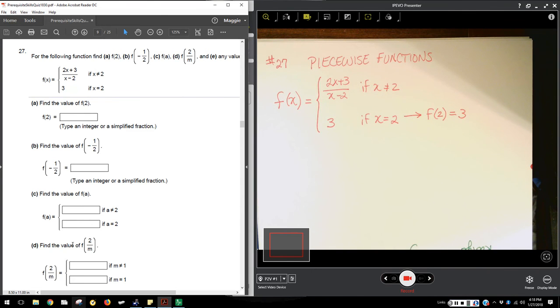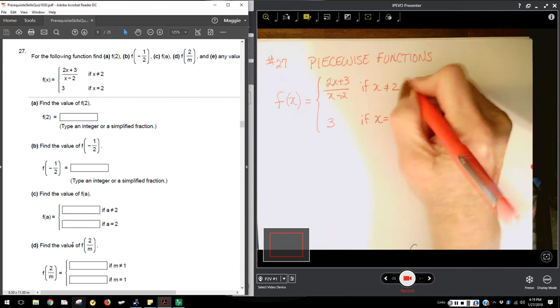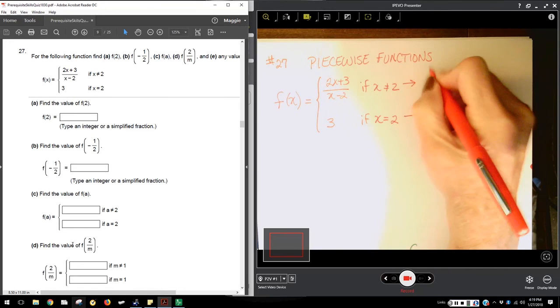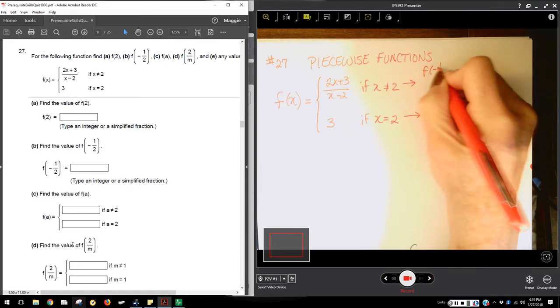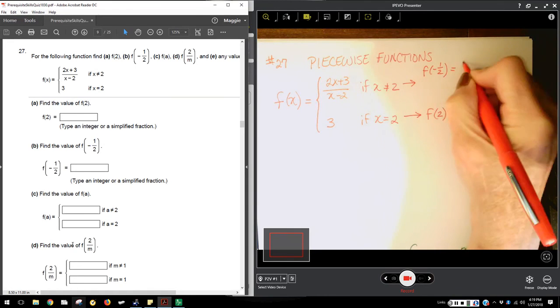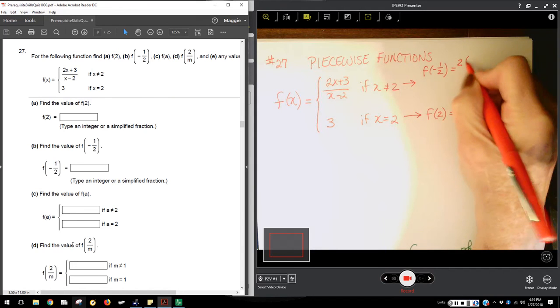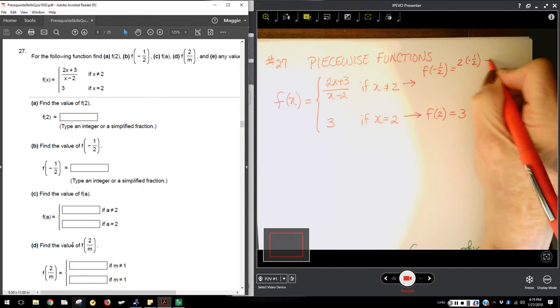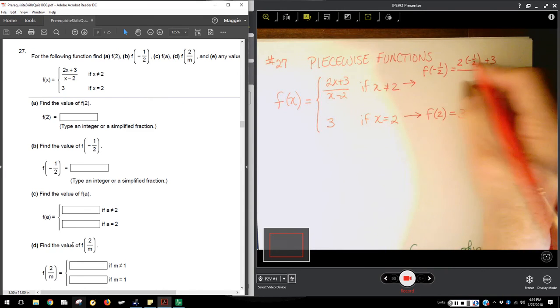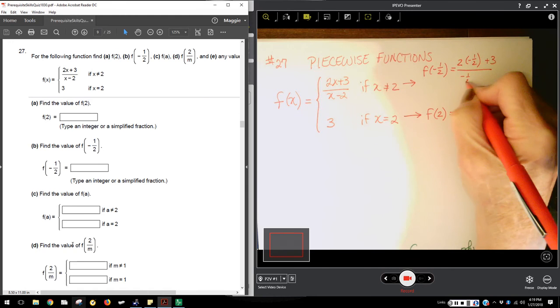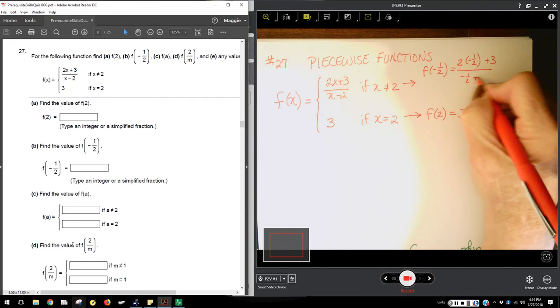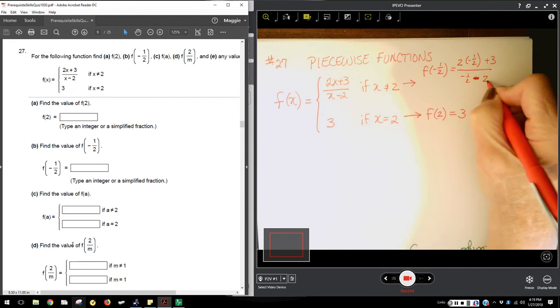If x is equal to negative 1/2, that's going to be 2 times negative 1/2 plus 3 over negative 1/2 minus 2.